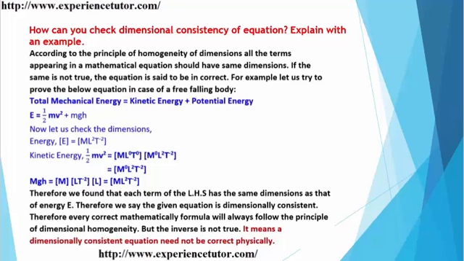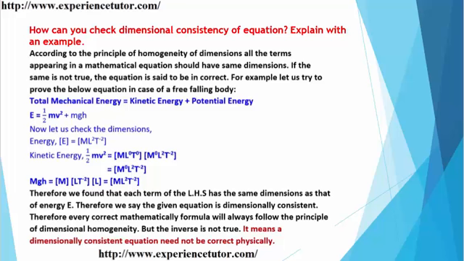How can you check the dimensional consistency of an equation? Explain with an example. According to the principle of homogeneity of dimensions, all the terms appearing in a mathematical equation should have the same dimensions. If the same is not true, the equation is said to be incorrect.